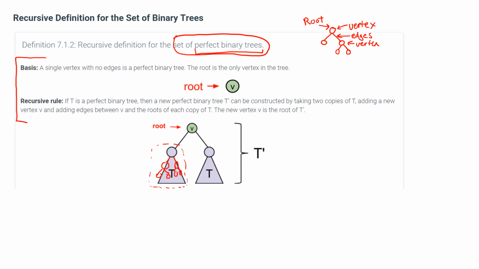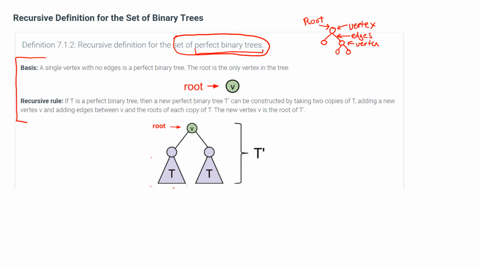So if T is this perfect binary tree, then a new perfect binary tree, T prime, can be constructed by taking two copies of T. So see, we're just taking T and making a copy of it, and then adding a new vertex V, and then adding edges between V and the roots of each copy of the T.